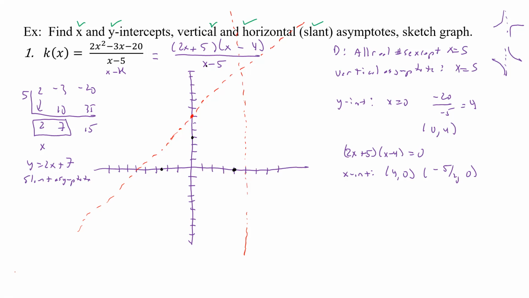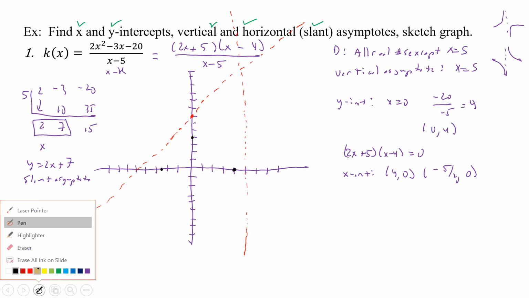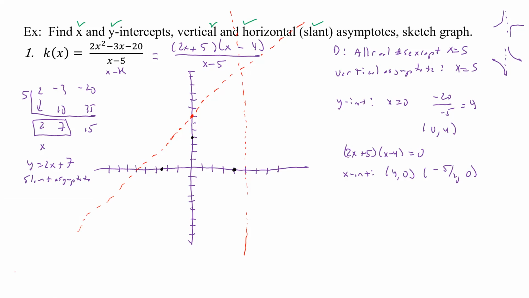So our vertical asymptote is going to probably look like this one, because it looks like with this, we have these points here, and they're going to be within those asymptotes. Okay, so now how does it actually look? That's going to be a question.